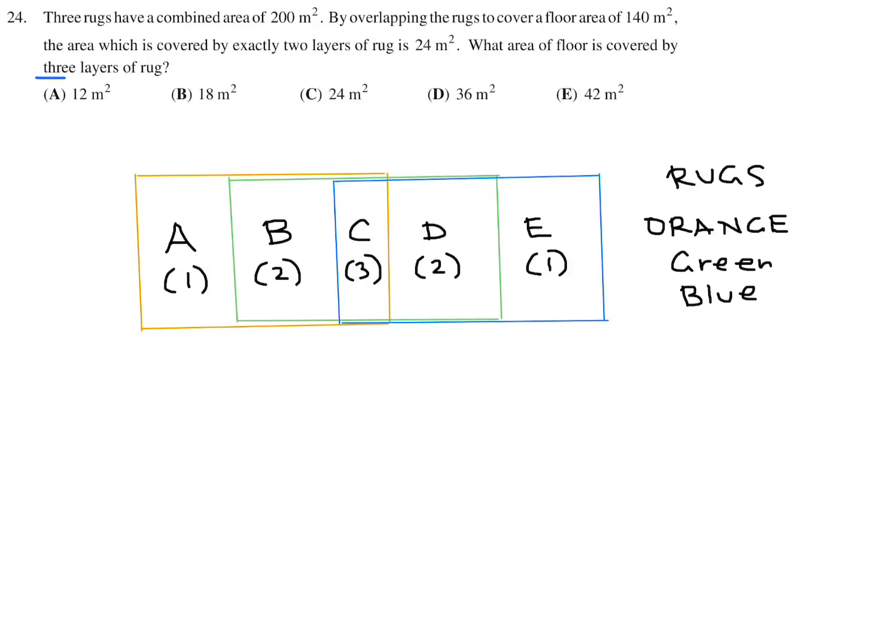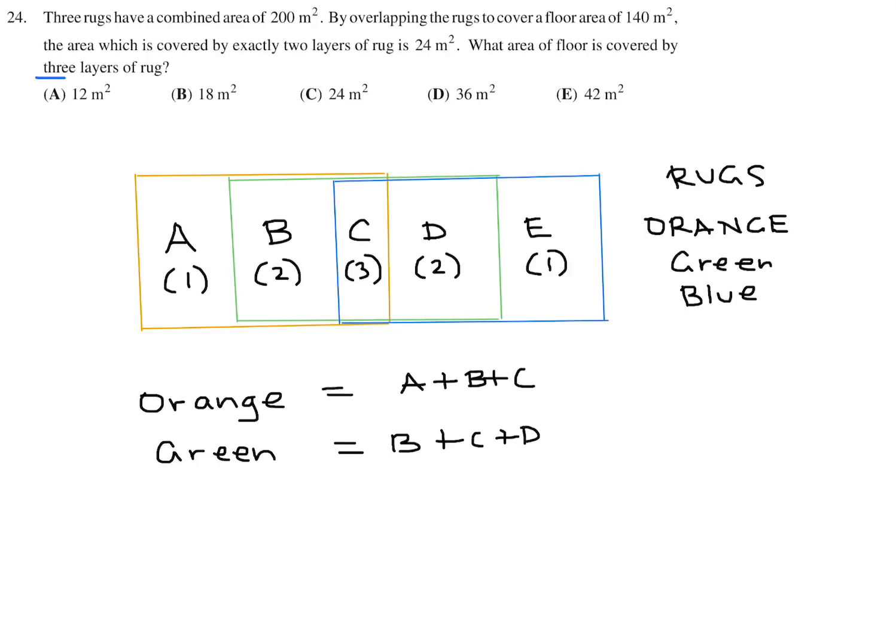Now, let's work with the information in the question stem. So the 3 rugs have a combined area of 200. So the orange rug, if we look at our diagram, essentially is A plus B plus C, right? The green rug in our diagram is B plus C plus D. And the blue rug in our diagram is C plus D plus E. All right?